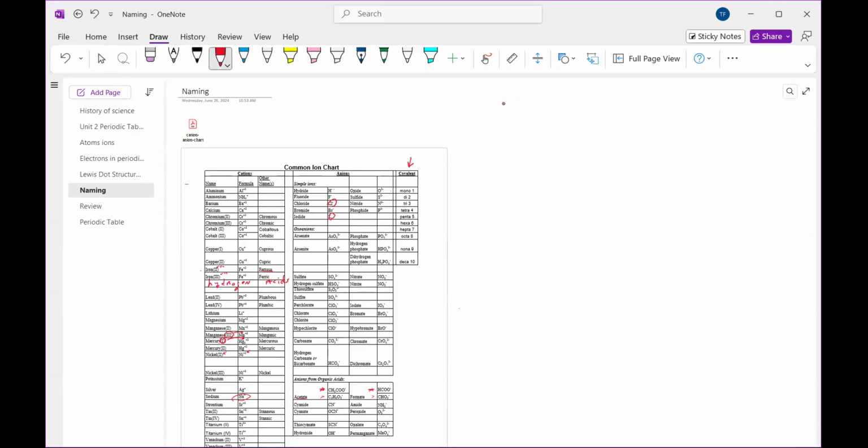Okay, so cations, that's where the number of electrons does not equal the number of protons. That means there's a charge on the atom. If there are more electrons than protons, that means you have a net negative charge, and it's called an anion.